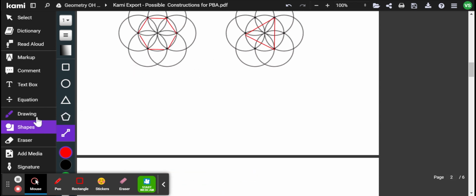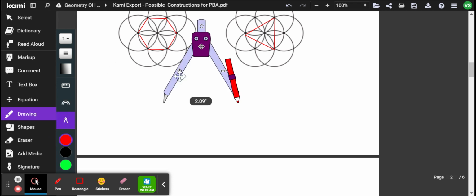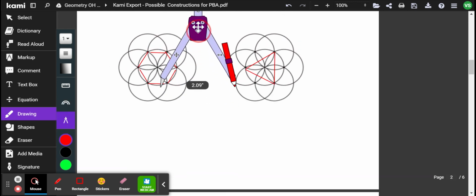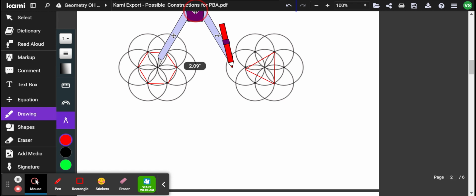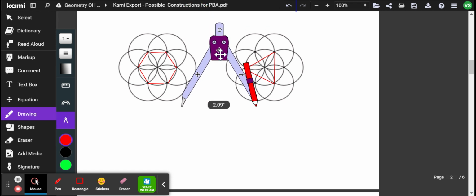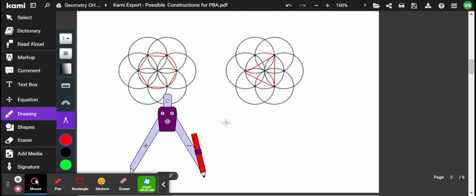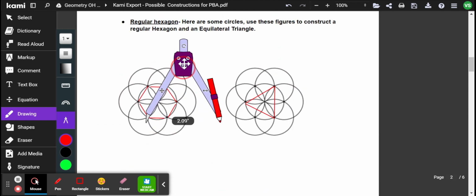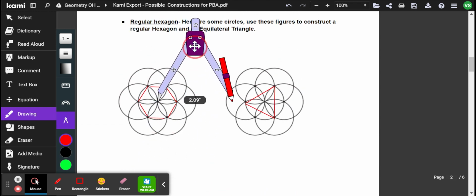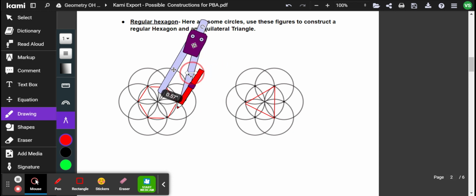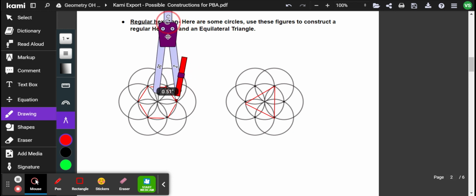You can go here and let me make a construction exactly like this. How this was actually created is, and my compass wants to give me some trouble here. So I am going to try to replicate this. Is that the radius?